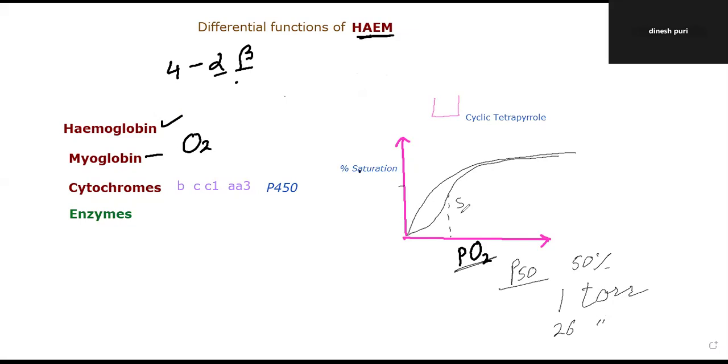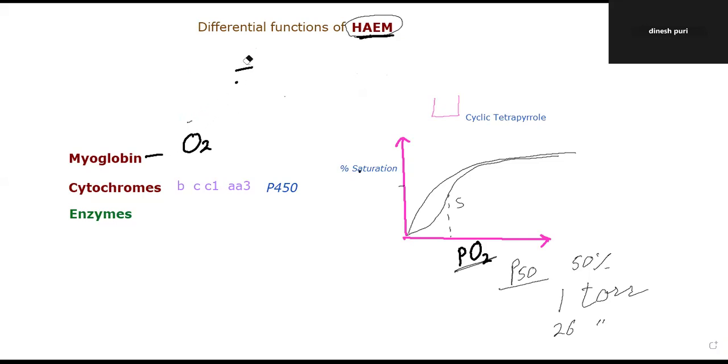I have dwelt at length on this oxygen dissociation curve, but the sum and substance is that the same heme binds oxygen in both proteins, hemoglobin and myoglobin, but the properties are entirely different. So we can say that heme is performing two different roles in hemoglobin and myoglobin.